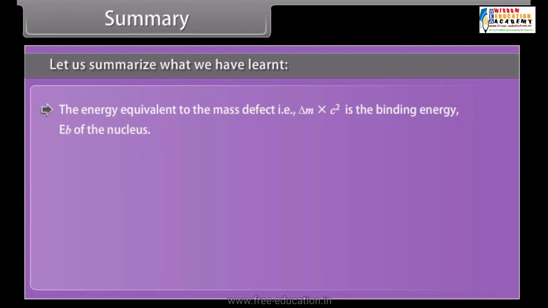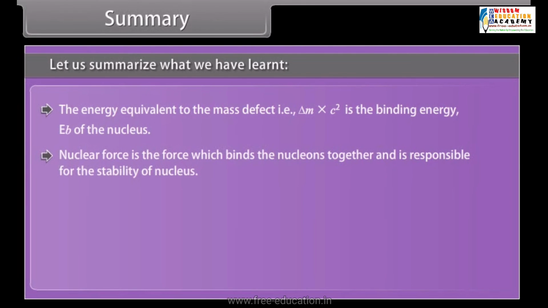The energy equivalent to the mass defect, that is Δm c², is the binding energy, EB, of the nucleus. Nuclear force is the force which binds the nucleons together and is responsible for the stability of the nucleus.